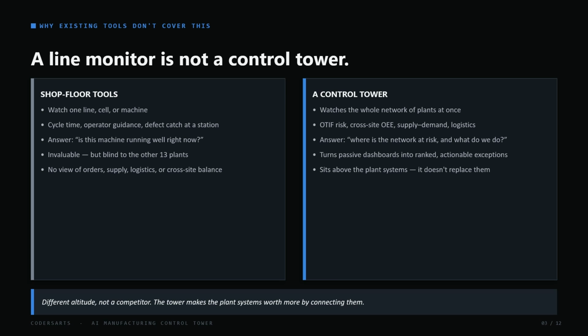A control tower watches the whole network at once: on-time delivery risk, cross-site OEE, supply and demand, logistics. It answers a completely different question. Where is my network at risk and what do we do about it? It's not a competitor to your plant systems, it sits above them and makes them worth more by connecting them.